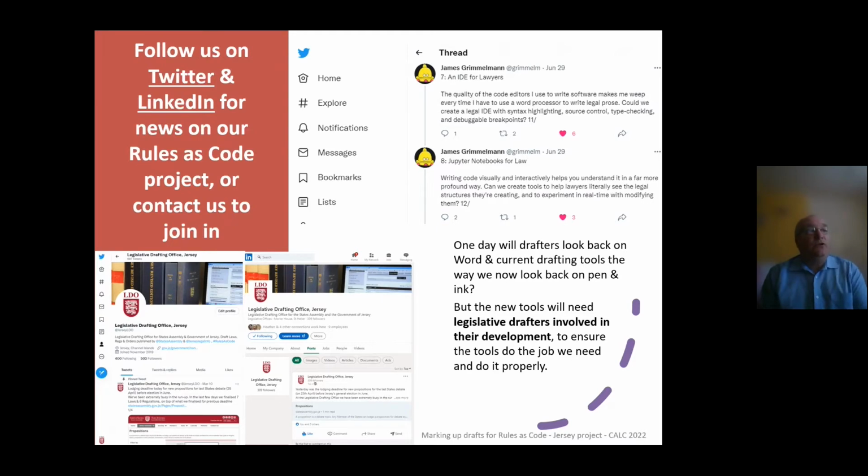The tweet that I've just included on this slide is somebody talking about the possibility that drafters in the end could get an editor system that is like coders have, that flags up for you as you go whether your syntax is working, your logical syntax is working.